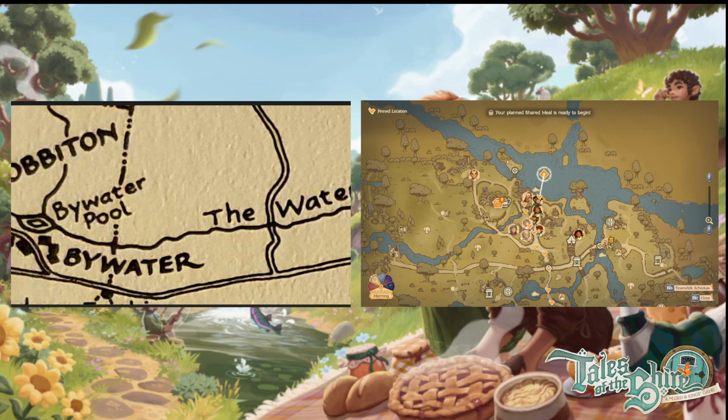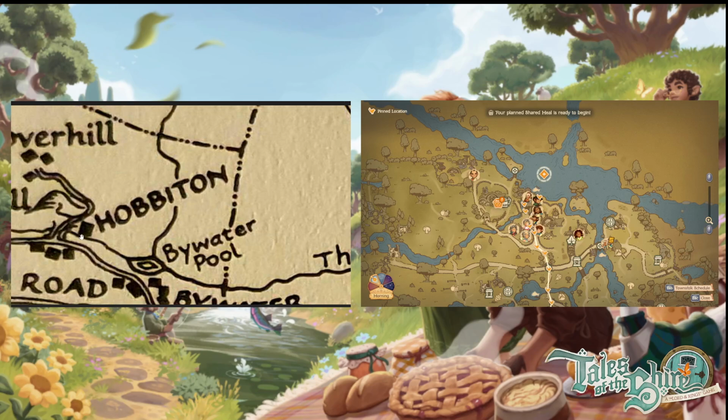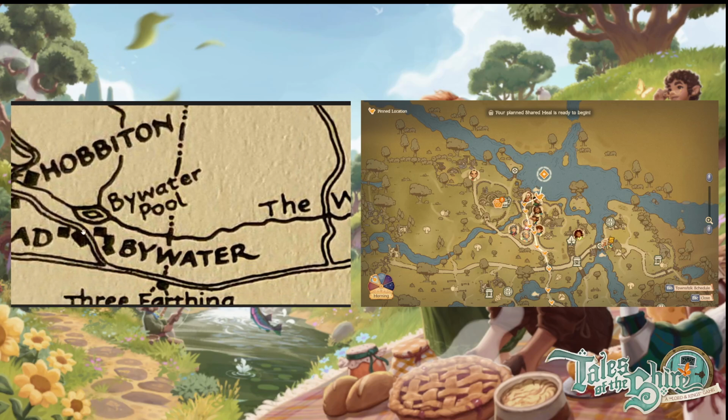Now, there have always been mentions of Hobbiton. Hobbiton is where Bilbo Baggins, Frodo Baggins, and the Bagginses live. And if you look on the map over here, heading east along the river will take you to Hobbiton. The Great East Road is right here.